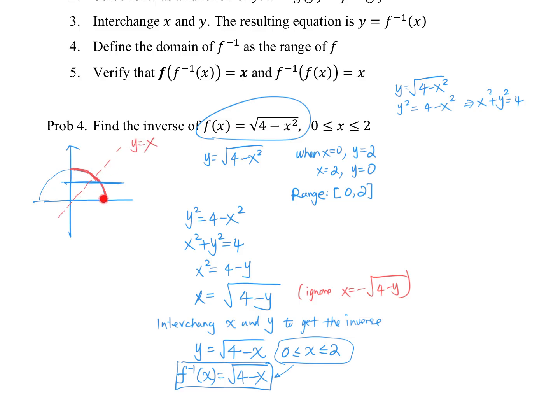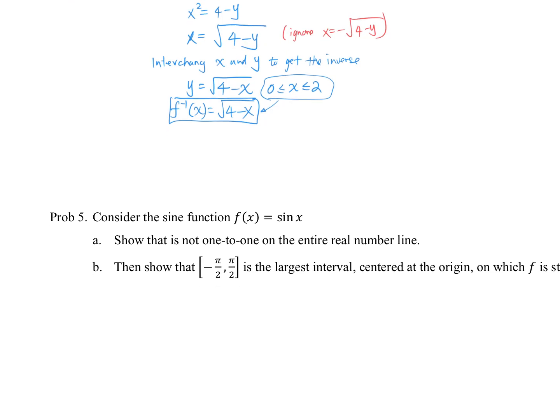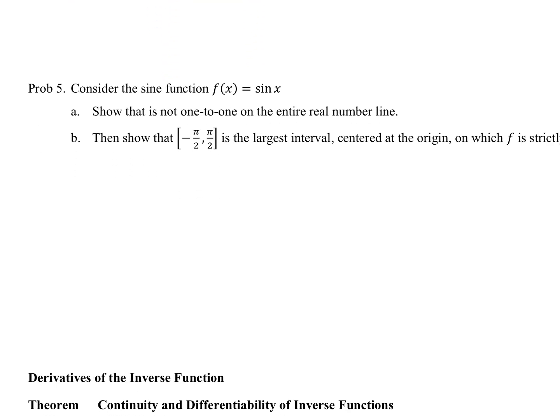So therefore, it is itself symmetrical with respect to this identity line. Therefore, it is its own inverse. All right, so this is problem number 4. We are going to do one more problem in this review.